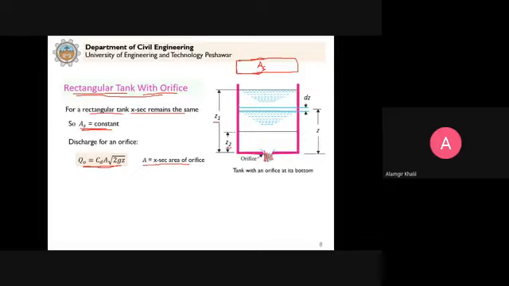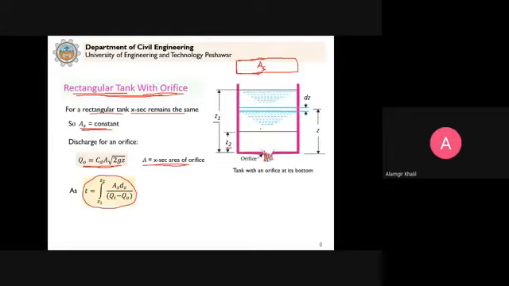But the cross-sectional area is A. Now we have the general equation that we developed in the previous slide. For this specific case, we need to simplify it to get a specific formula that will be applicable.